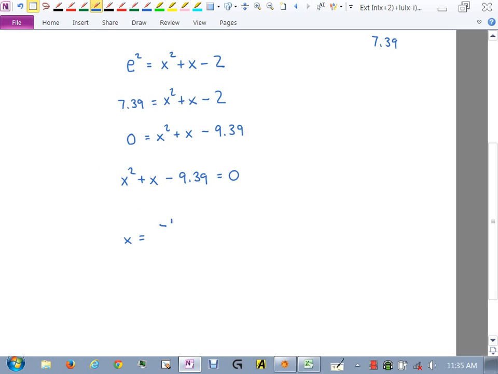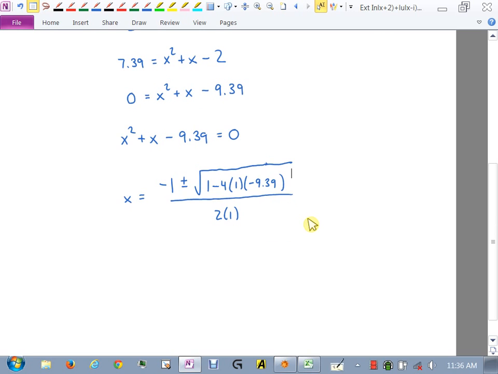So negative 1 plus or minus the square root of b squared, so 1 squared is 1, so 1 minus 4 times a, which is the number in front of x squared, which is 1, times c, and c is what? Negative 9.39, good. All of this divided by 2 times a, but a is 1, so that.